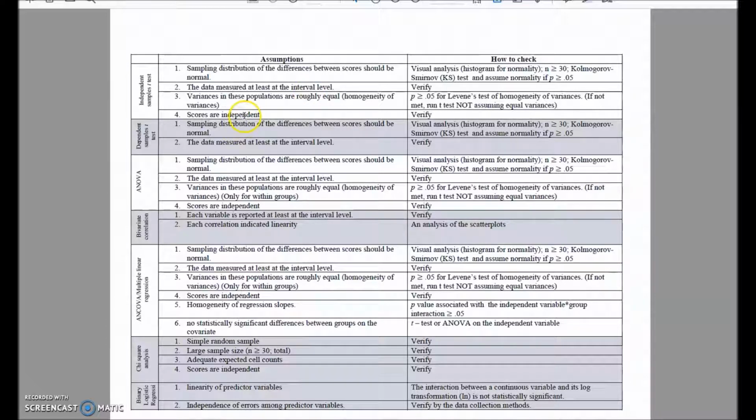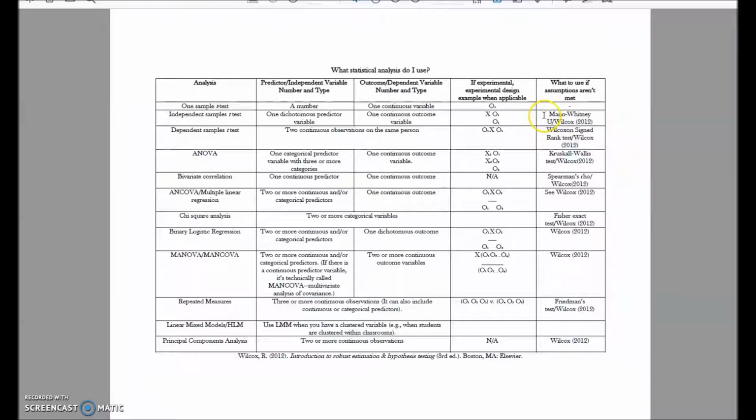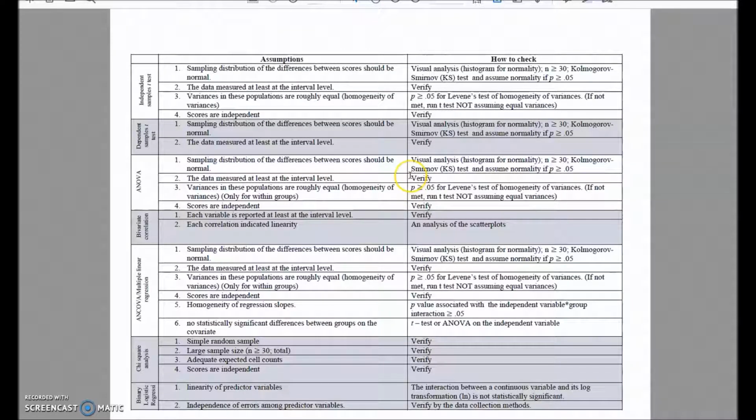And then the scores are independent, which means that the score of one participant is not dependent on the score of the other participant. This is very, very important because if you do not have assumptions met, then you actually end up doing the Mann-Whitney test, which is our second thing. So you have to have your assumptions met and test for every assumption.